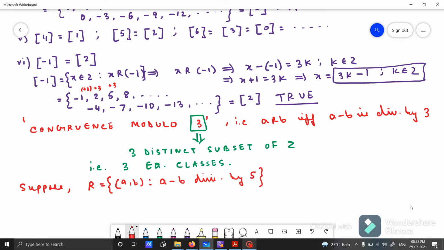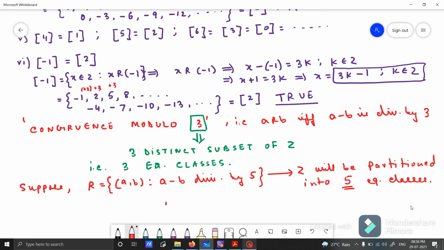So what will happen? Z will be partitioned into exactly 5 equivalence classes.